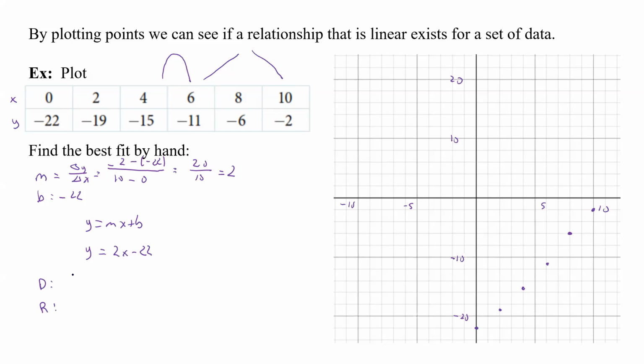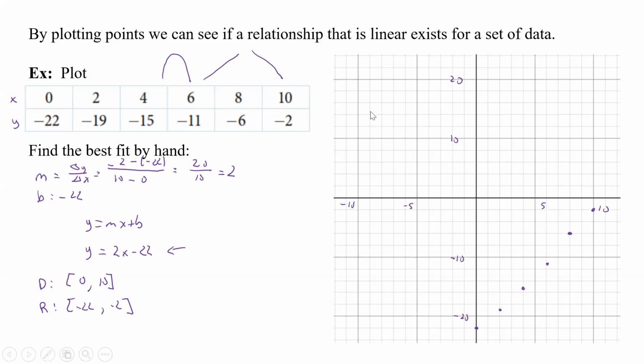And so the domain goes from 0 to 10, and our range goes from negative 22 up to negative 2. Okay, and so that's really the range for this linear equation that I found because I used that first point and that last point. Now, if I had used, say, maybe the middle two, then really my domain and range is going to fit only those two, because out here, it might work for so far, but it won't work all the way.